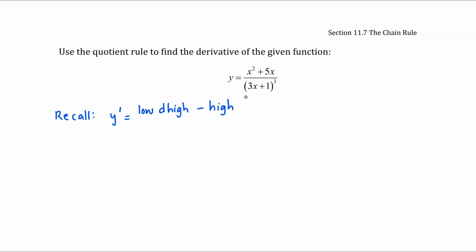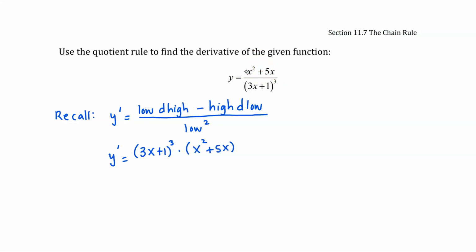minus high d low all over low squared. Now using this formula on the expression here, we have low, that's the denominator, (3x plus 1) cubed times d high, that's the derivative of the numerator, (x squared plus 5x) prime, minus high, x squared plus 5x, times the derivative of (3x plus 1) cubed prime.